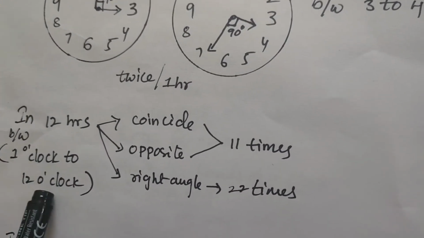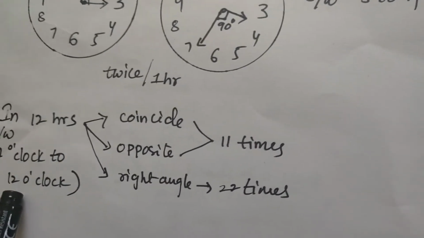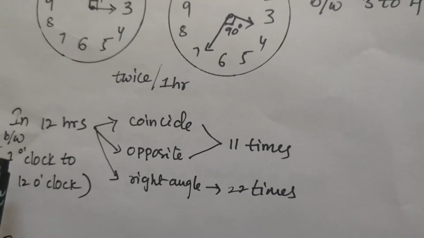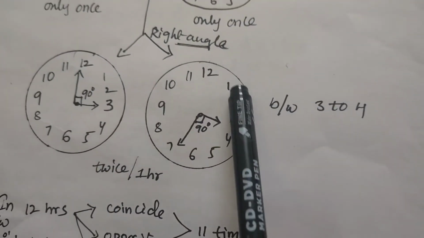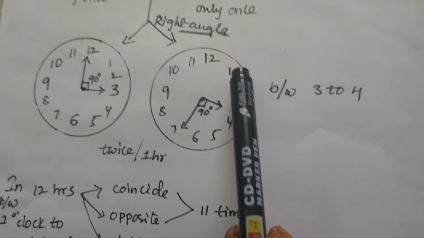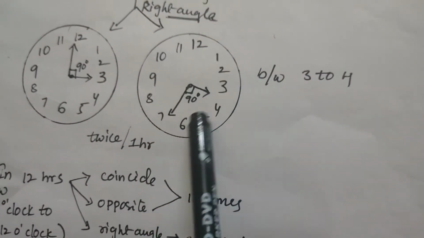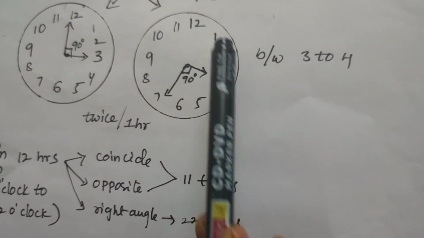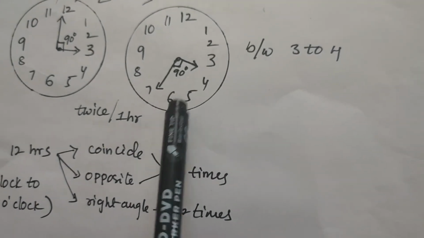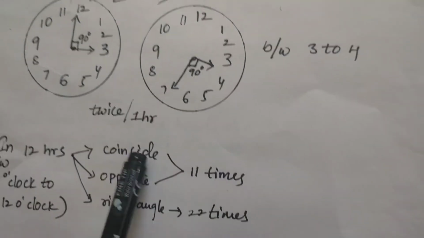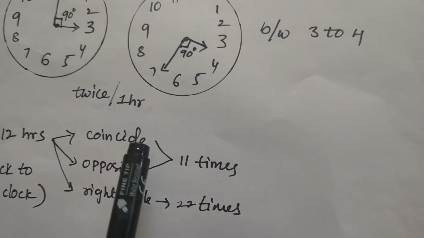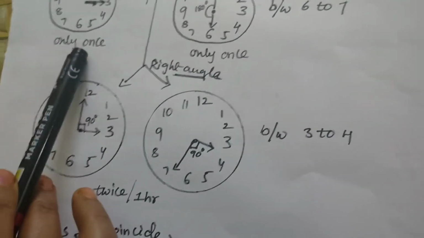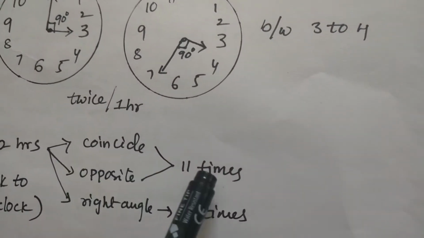What is the exact time period we are considering? 1 o'clock to 12 o'clock has only 11 hours duration. So the hands will coincide 11 times, because in 1 hour they coincide only once, so in 11 hours they coincide 11 times.